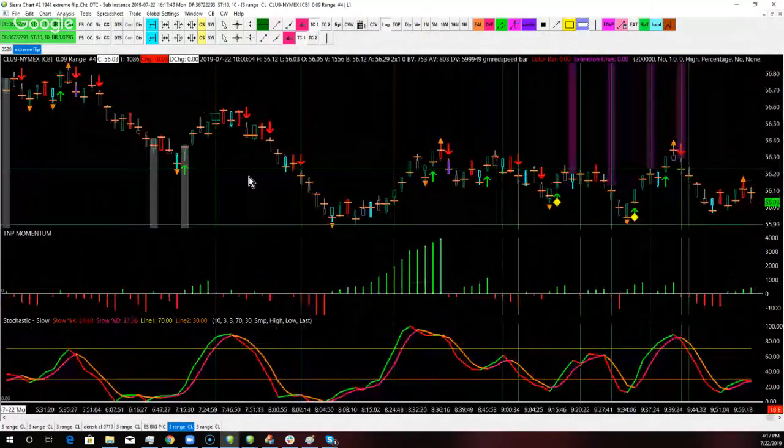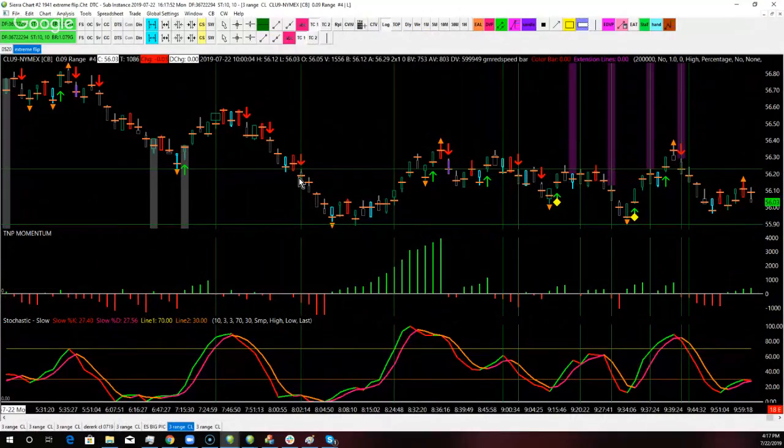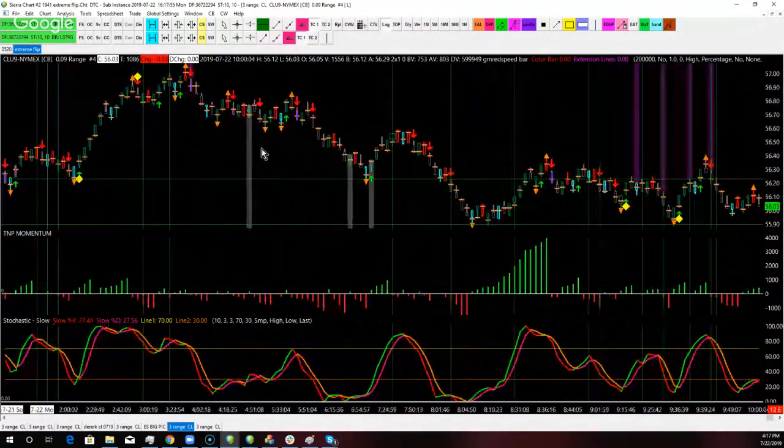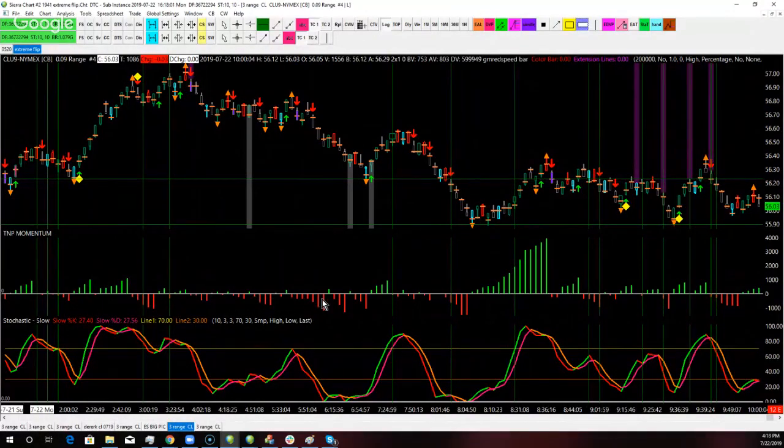So we get this big push off the bottom. This rotation, our first rotation down, actually set resistance all the way back. I'm going to test it. Actually, all the way back over.